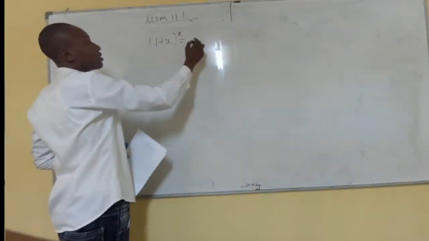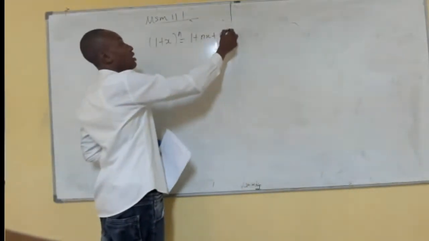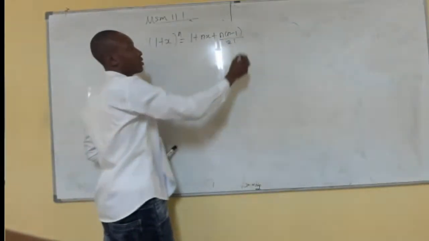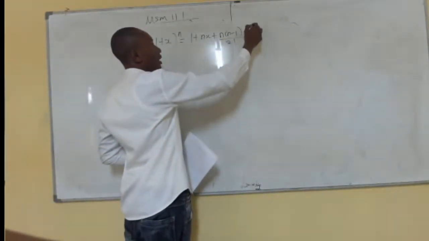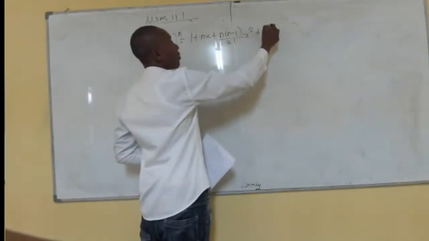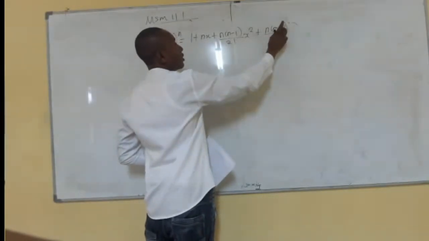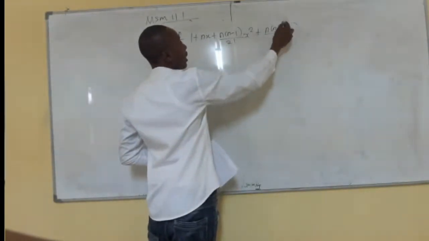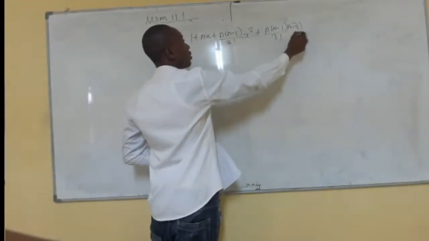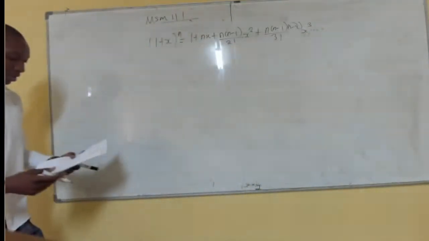This is given as 1 plus nx plus n(n minus 1) over 2 factorial x squared plus n(n minus 1)(n minus 2) over 3 factorial x to the power 3, and so on.